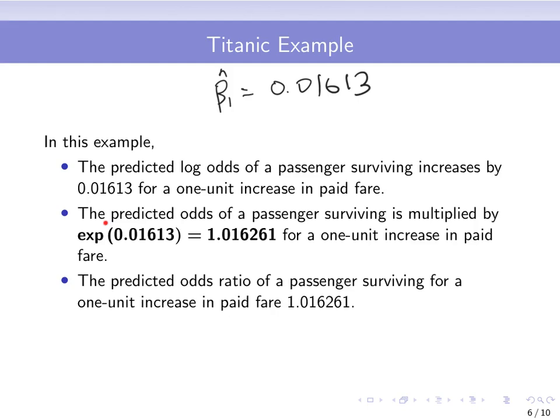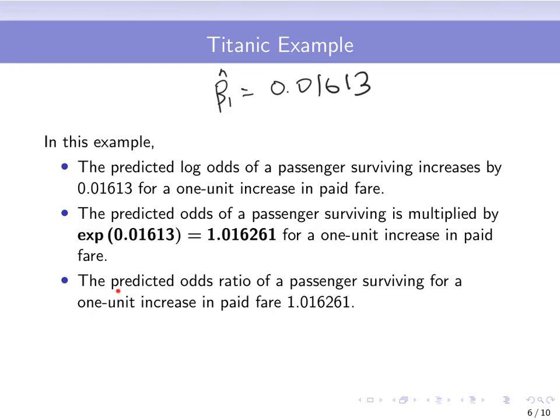If you'd like to think in terms of odds, the predicted odds of surviving is multiplied by exp of beta 1 hat. And if you work this value out, this is equal to 1.016 for a 1 unit increase. That means your odds will be multiplied by about 1.016, so your odds of survival increases by a factor of 1.016 for a 1 unit increase in the paid fare.